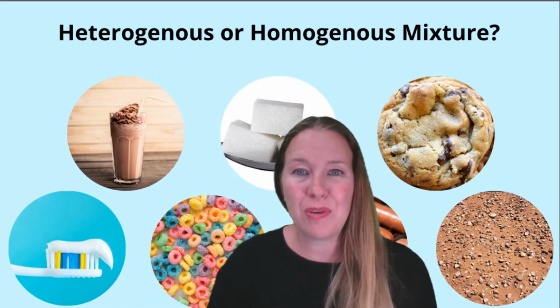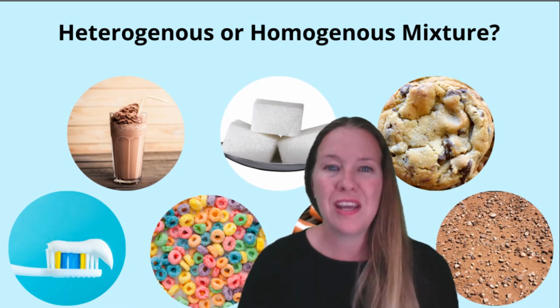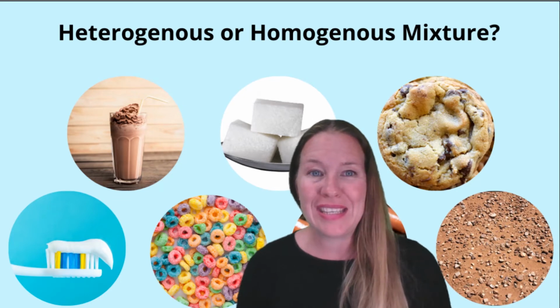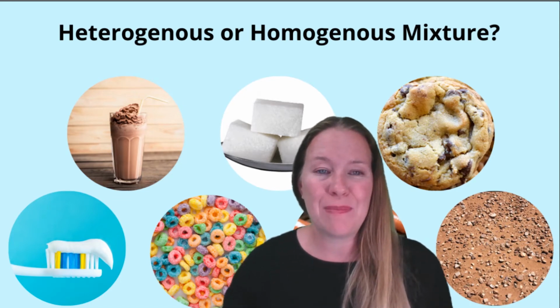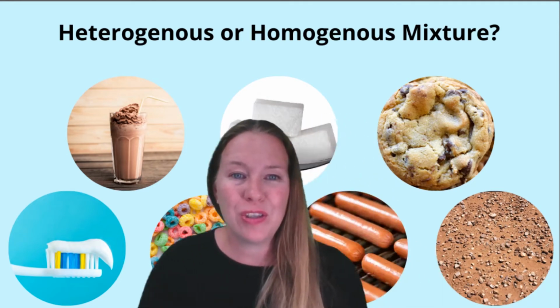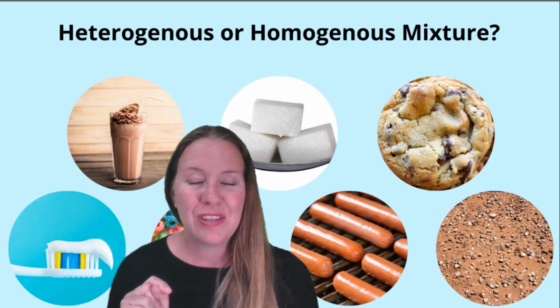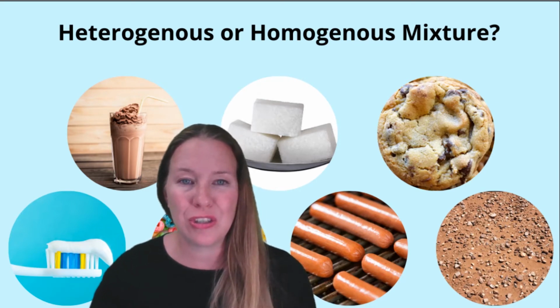With the chocolate chip cookie, we can see that there's dough and chocolate chips, so that is pretty easy. That is a heterogeneous mixture. And we have toothpaste over here. It looks like it's one thing, so that is a homogeneous mixture.